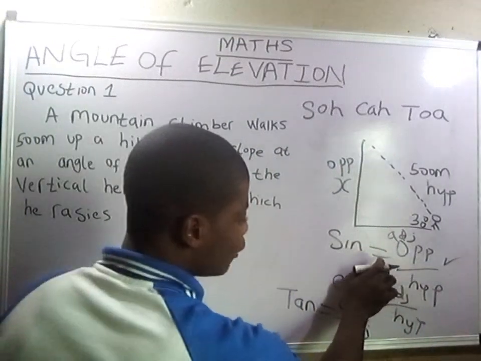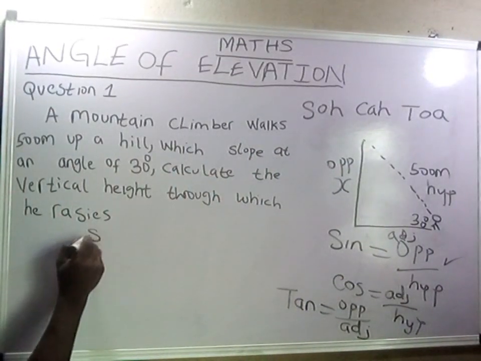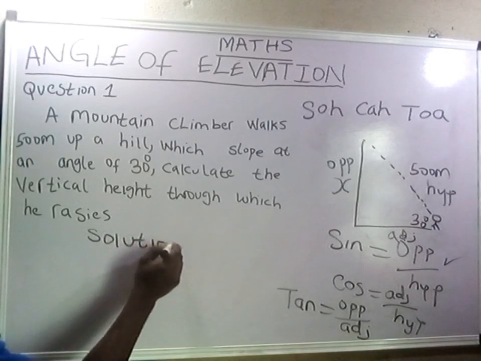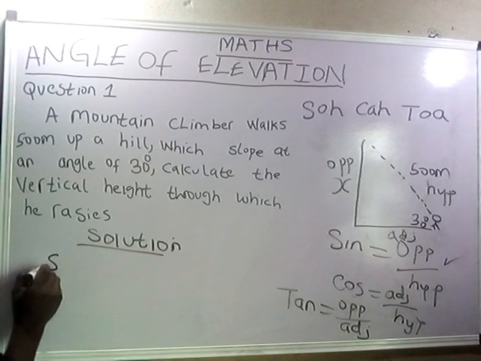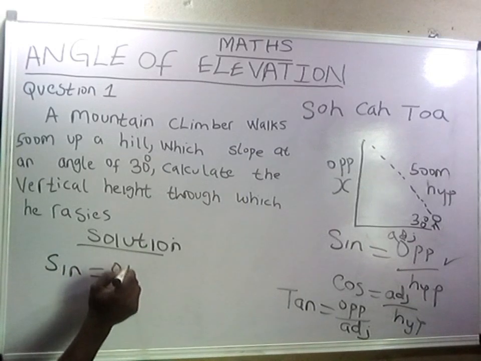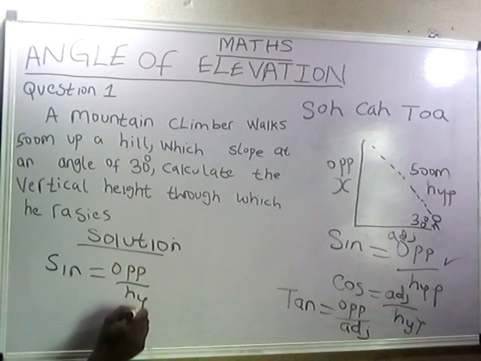So we have to use sine. Solution: sine is opposite over hypotenuse.